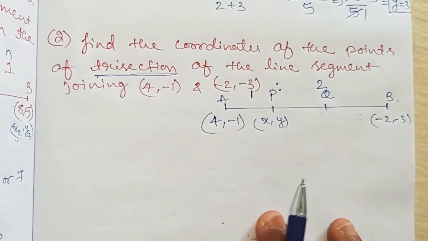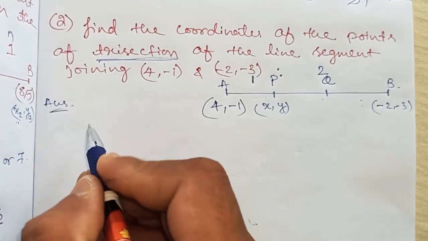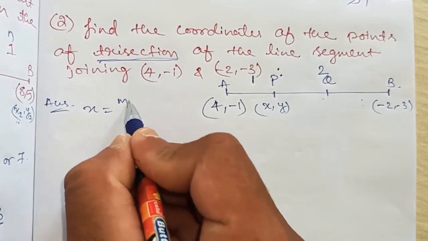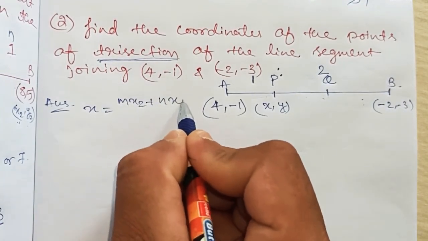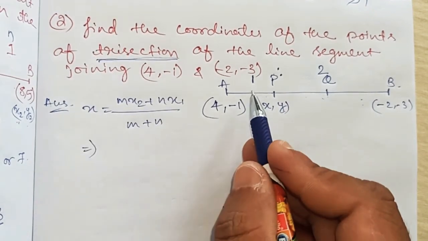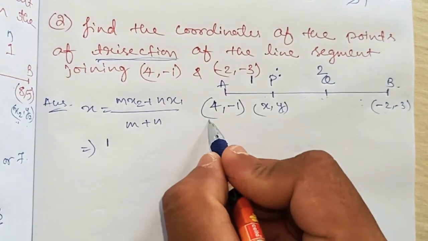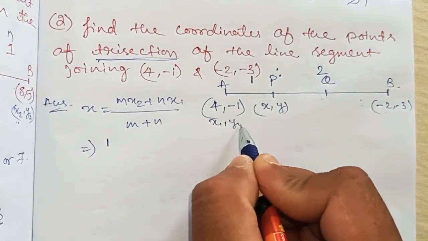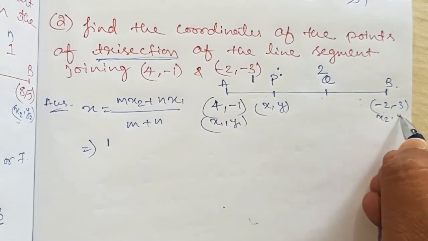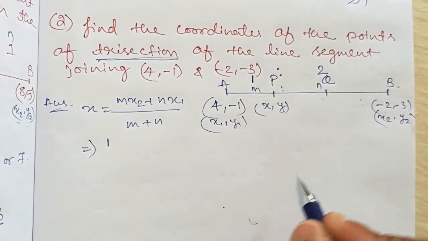So the coordinates of P will be, we will use the section formula, that is x equals mx2 plus nx1 by m plus n. What is m? m is 1. We will just write the coordinates here: x1 y1, x2 y2 and the ratio m:n.